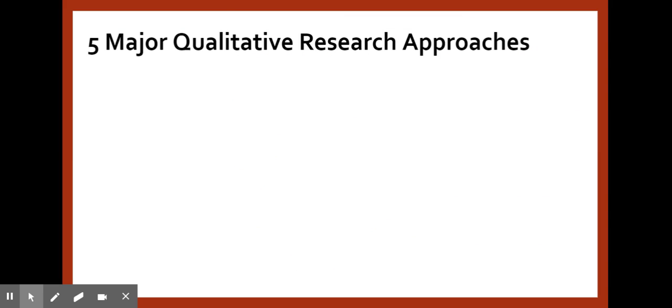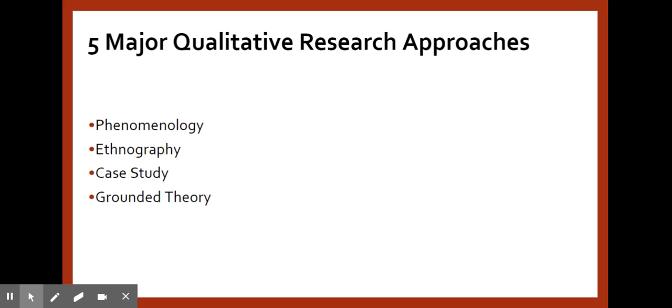So, those approaches to qualitative research can be applied to these different research strategies. And those are phenomenology, ethnography, case studies, grounded theory, and narrative inquiry.